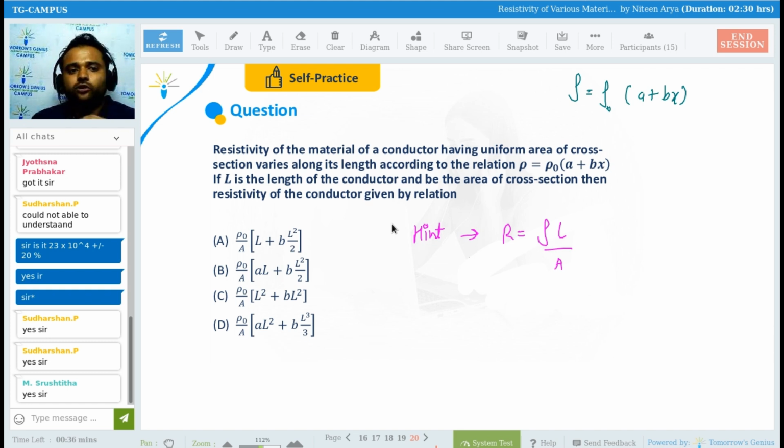Instead of L, because it is going to change linearly, write dx, and then integrate from 0 to L. That is very easy. Tell me what the correct answer is, and tell me a little bit quick, because we need to solve the CA also, class assessment.